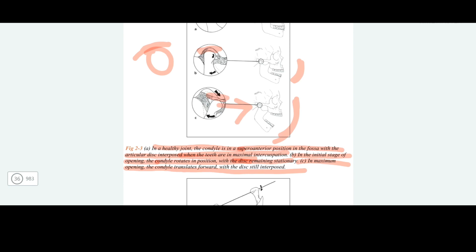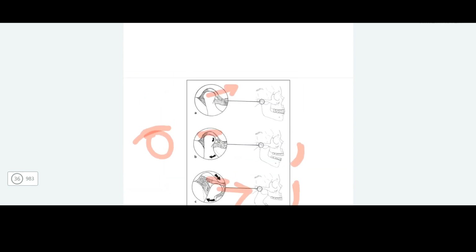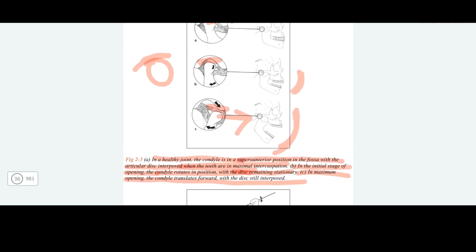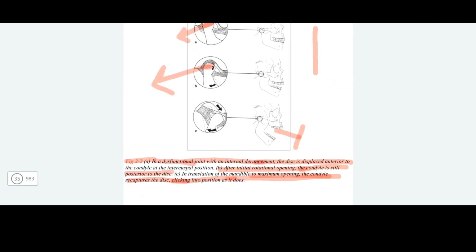So we see the difference between a healthy joint and a non-healthy joint. This is the healthy joint and this is a non-healthy joint. Okay, we could say here the non-healthy joint is not natural, it is a disease, and should be treated.